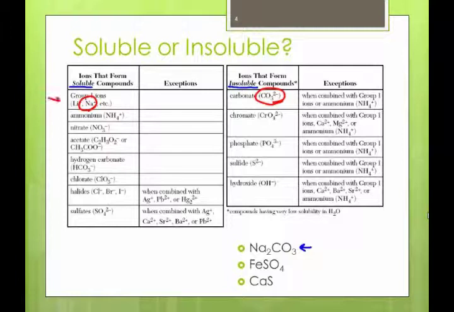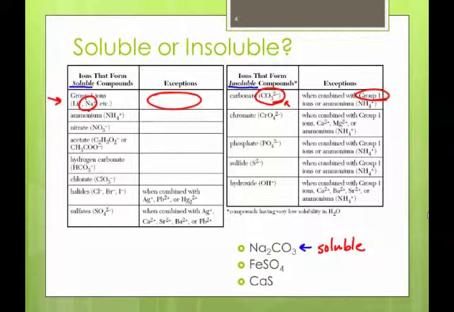I'm going to check the sodium box because I see that sodium ions are generally soluble, and there are no exceptions over here. So that tells me that sodium carbonate should be soluble. And I get the same information if I look at the carbonate side. The exceptions include group 1, of which sodium is a part. And so even though most carbonates are insoluble, sodium carbonate would be soluble.